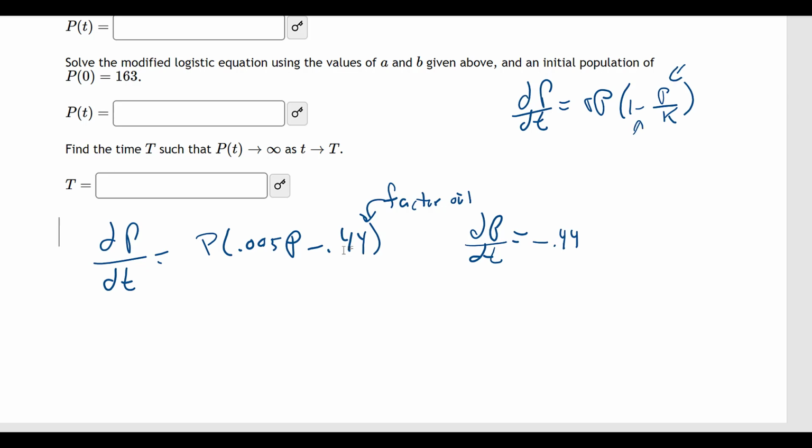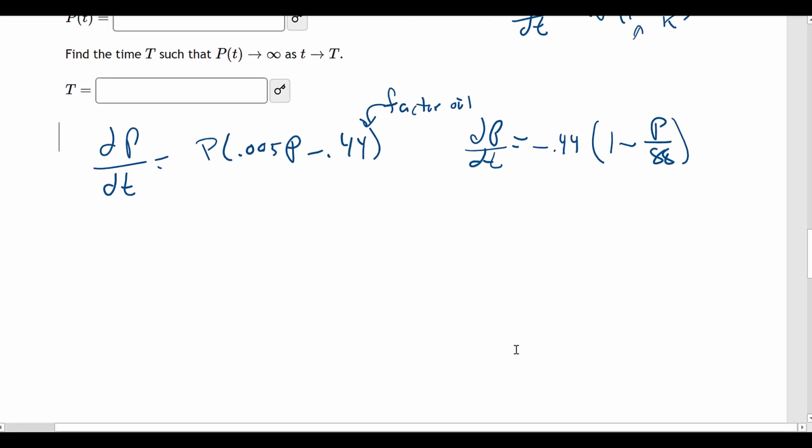In this case, the P part's not being subtracted, so I have to factor out negative 0.44, and then I end up with 1 - P/88. You can double check that: if you do 0.44 divided by 0.005, you get your 88. And so now our formula is starting to look like the standard formula.